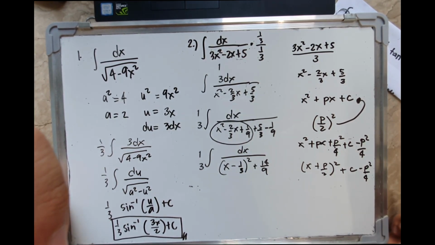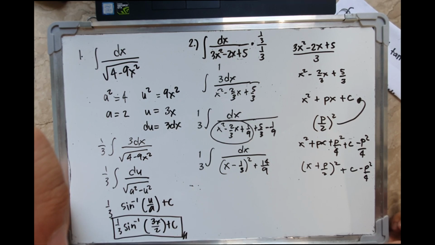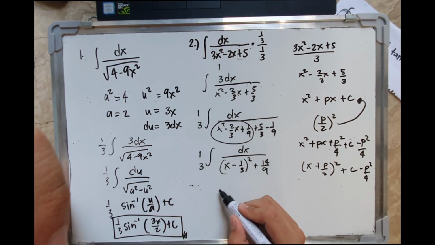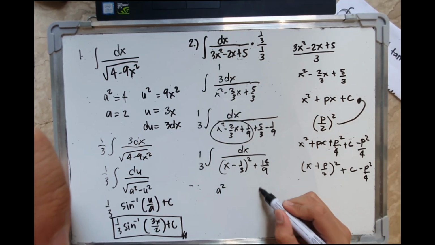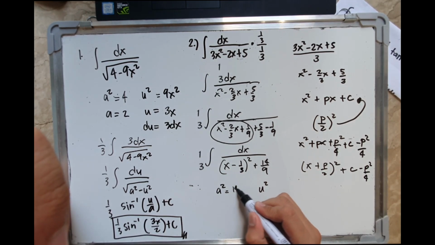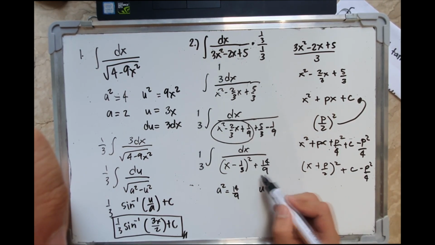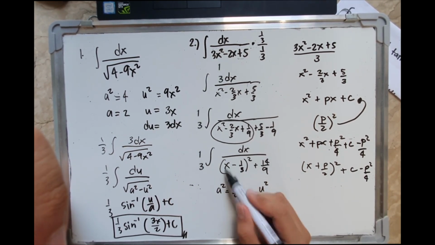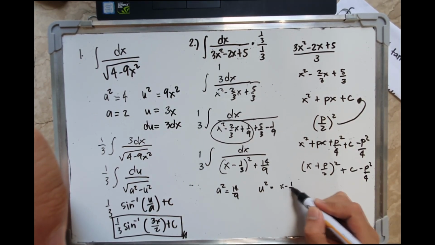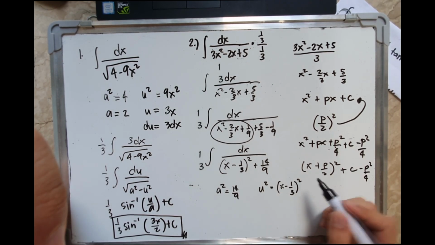So we begin by finding out what is the a squared and what is the u squared. The a squared is obviously 14 over 9. This is our constant, and this one will be our u squared, x minus 1/3 squared.